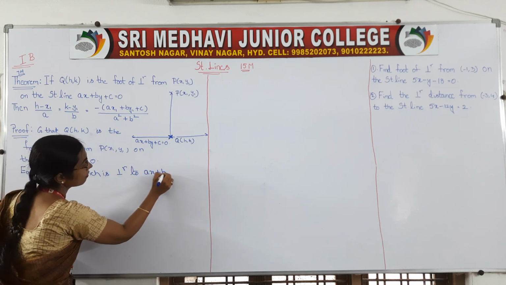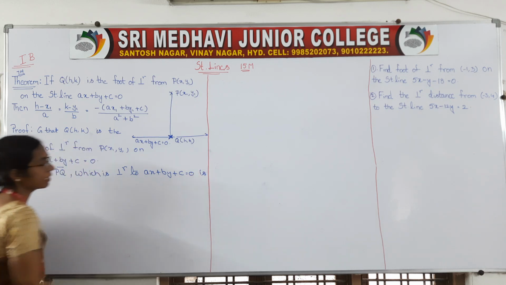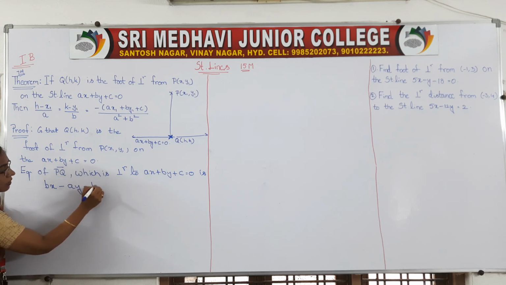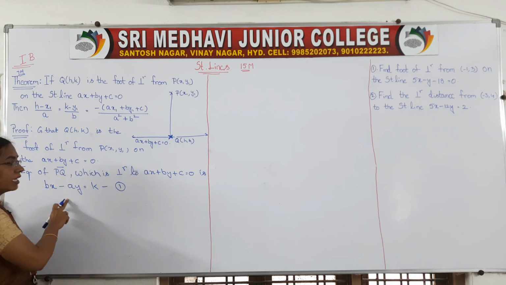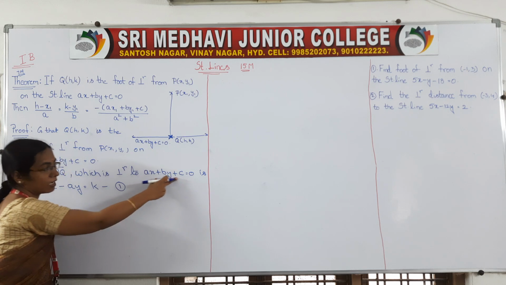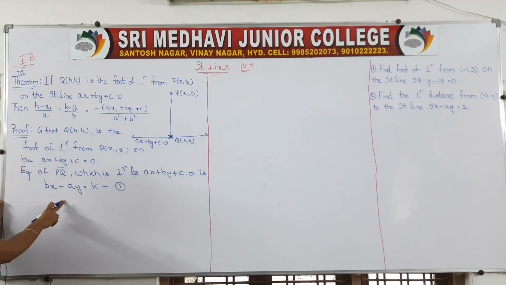ax + by + c = 0. Observe how I am taking bx - ay = K. This is the procedure to write a line perpendicular to any line. If we want to write a perpendicular line to the straight line, this is the procedure.